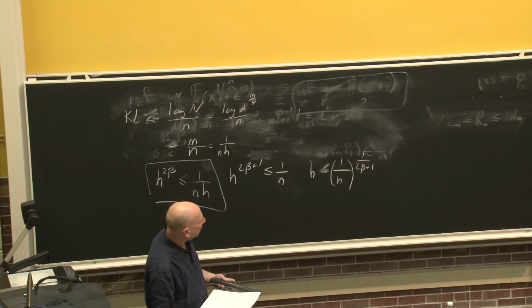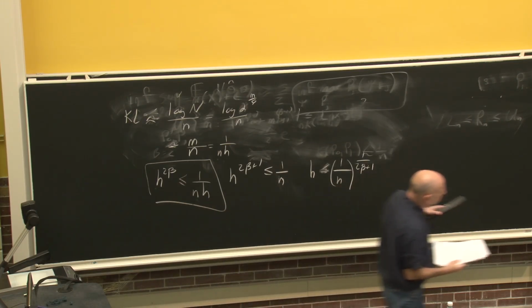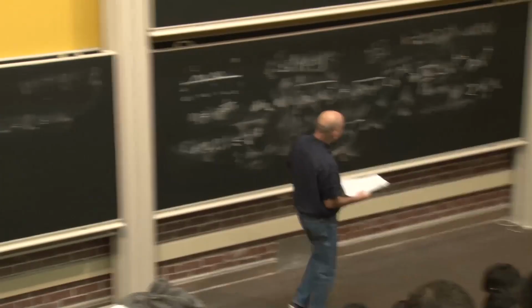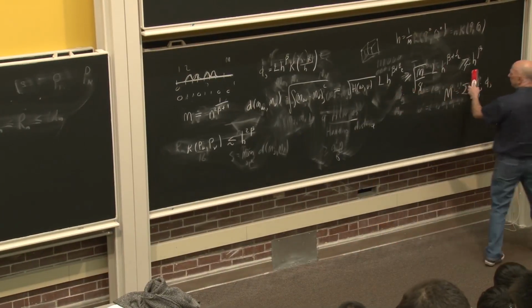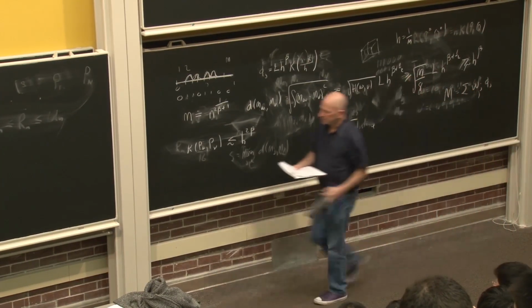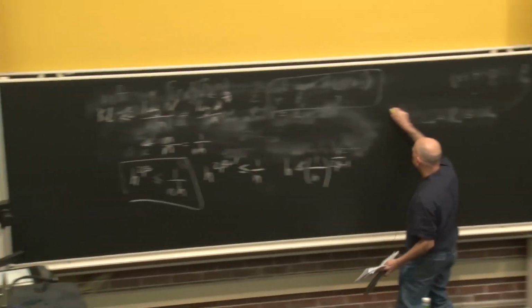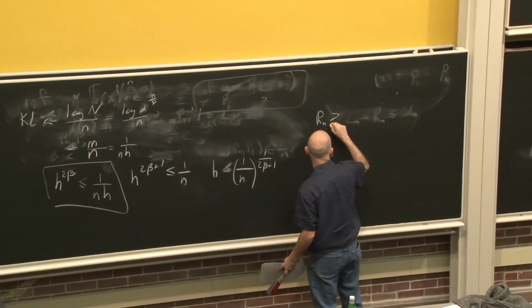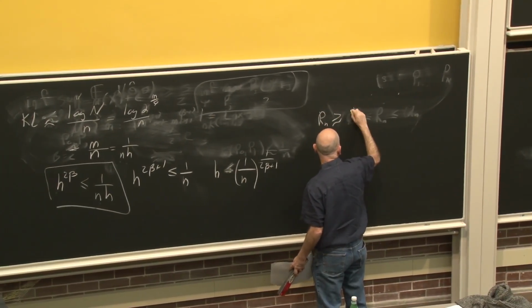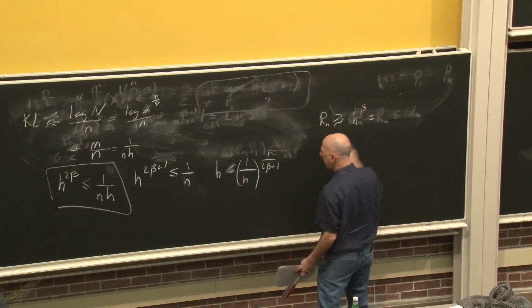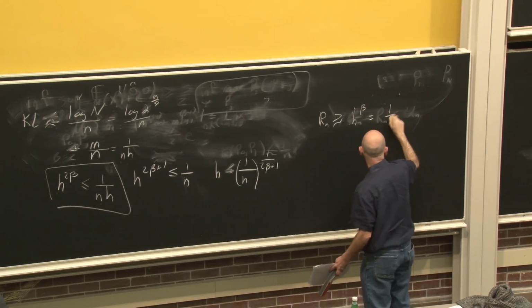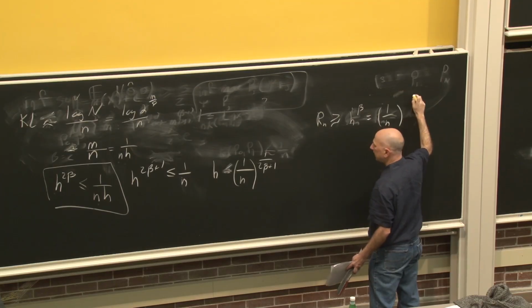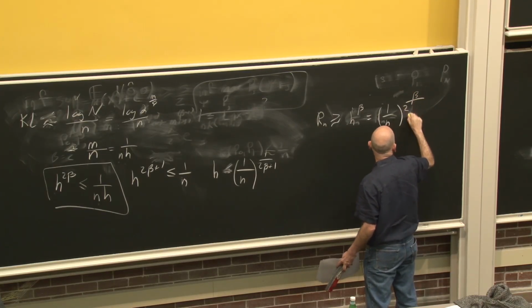And believe it or not, we're finally done, because what was the distance between any pair of these things? h to the beta. So the minimax risk is bigger than h to the beta, but we're forced to choose h to be this. And look at that.